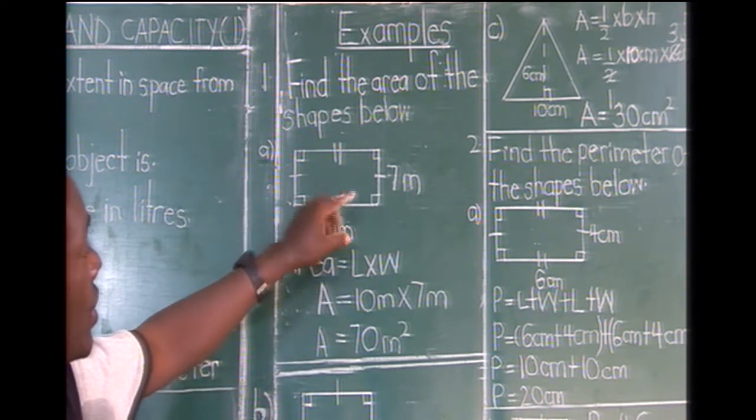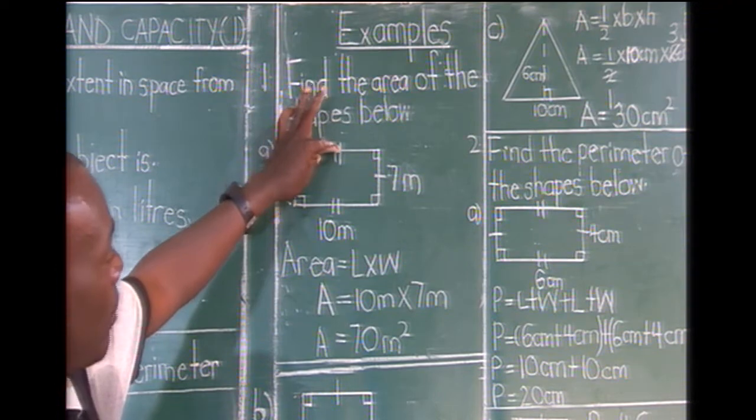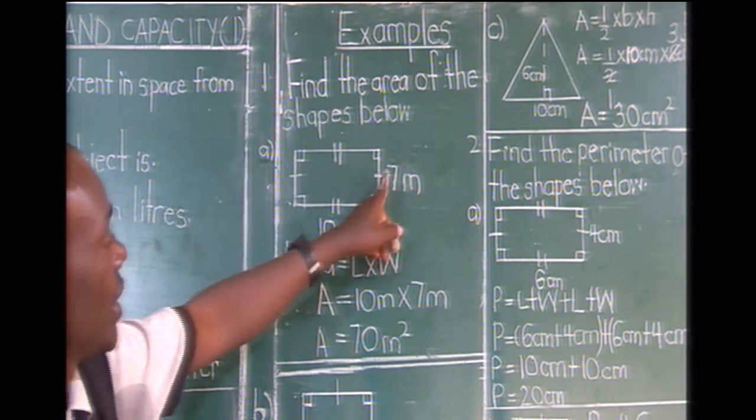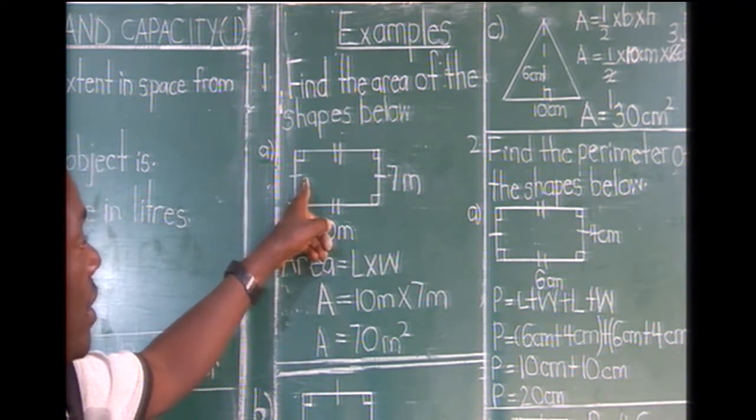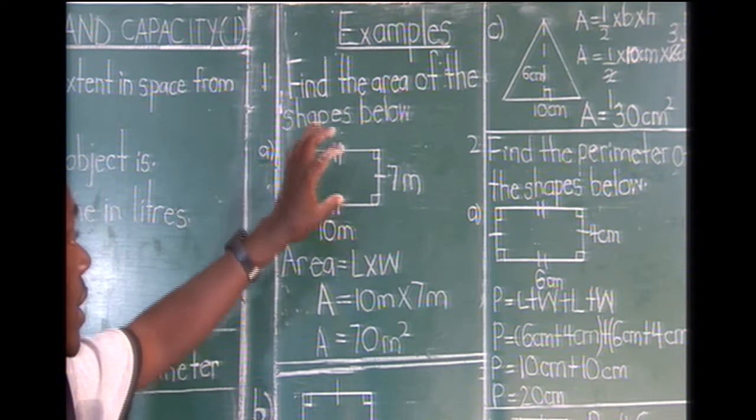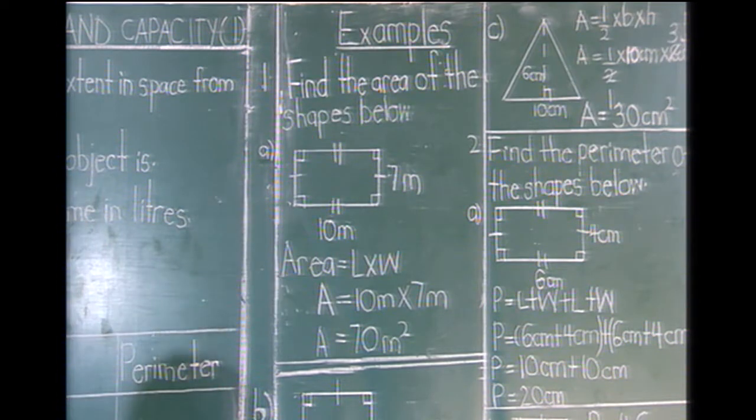As I see, this is a four-sided polygon, whereby this side is called this side, and this side is called this side. When teacher was explaining, he identified this to be a rectangle.